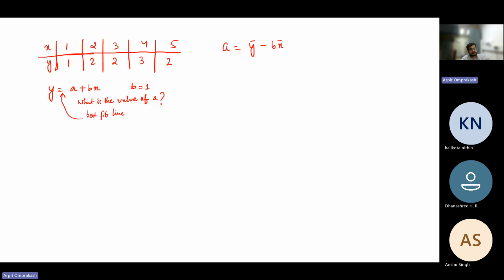Why are you taking the mean here? That is correct. But why do you think you're taking the mean here instead of just trying to do it point by point?